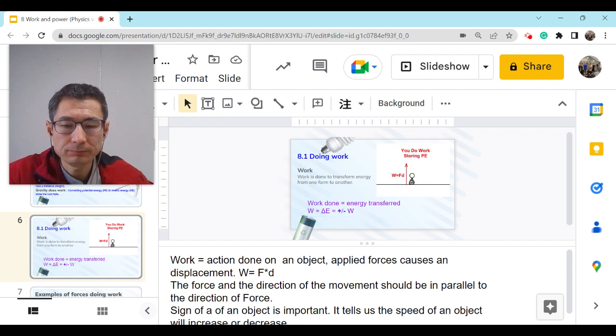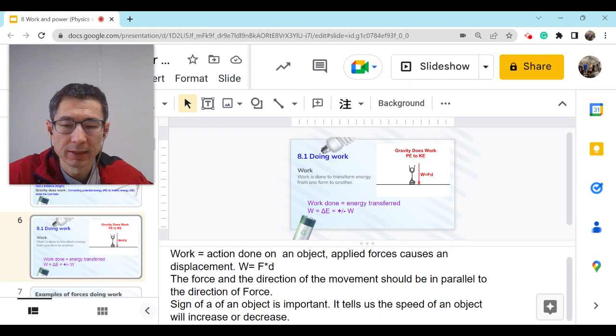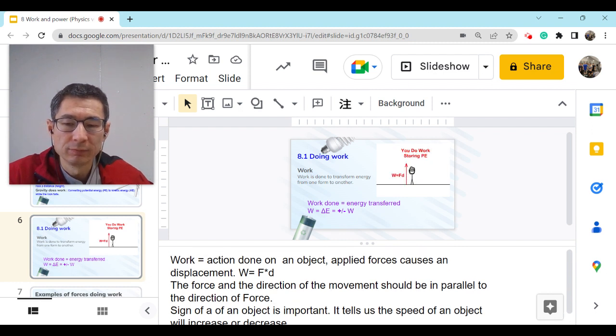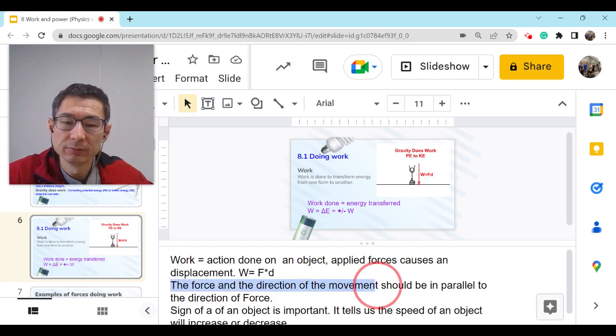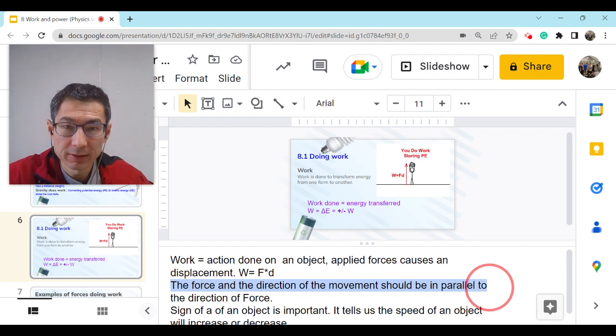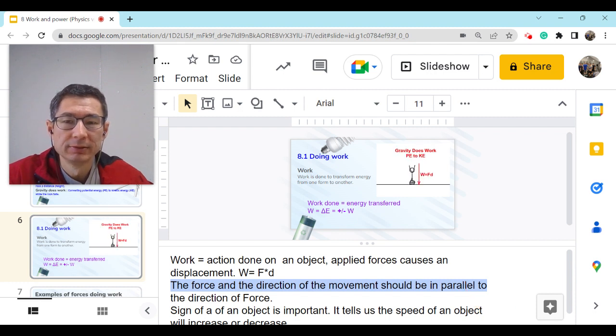So the sign is important in the calculations. I'm just recapping: the force and the direction of the movement should be in the same or opposite direction, but parallel to each other. The force applied and the movement of the object should be parallel.